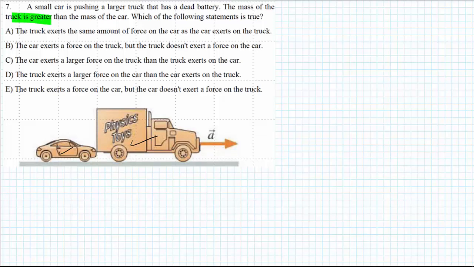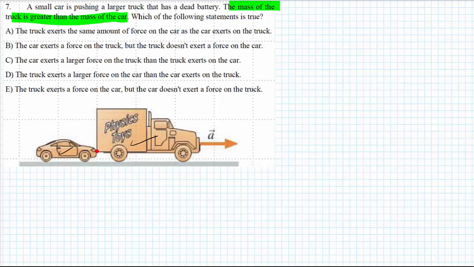Which of the following statements is true? Number A, the truck exerts the same amount of force on the car as the car exerts on the truck, meaning that the car pushes the truck at the point between them, this red point. The car pushes the truck with a force, and the truck pushes the car with the same force.